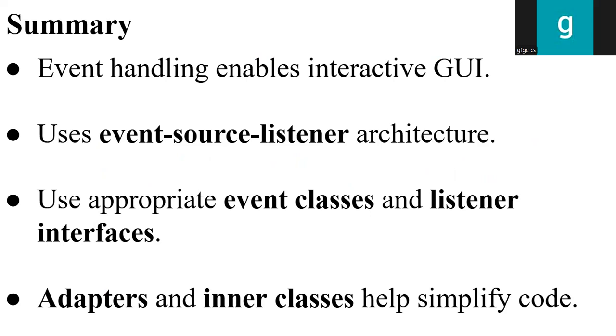For that, we use the appropriate event classes and listener interfaces. For each listener interface, we create the definitions and methods. If we want to implement only particular methods, then we use the adapter classes and inner classes. Why do we use adapter classes and inner classes? To simplify the code.